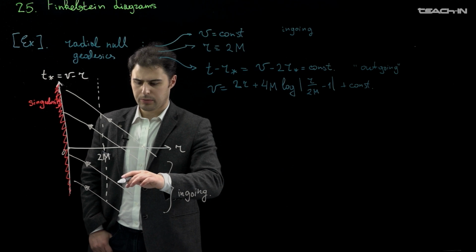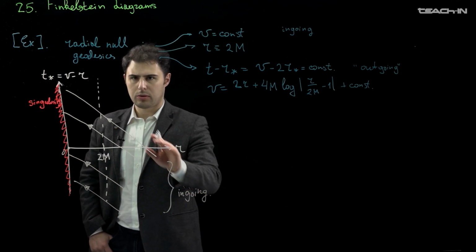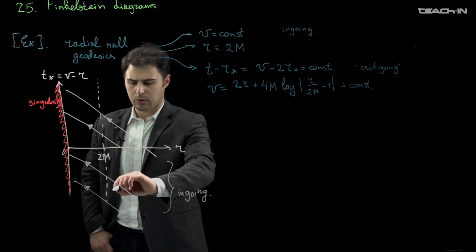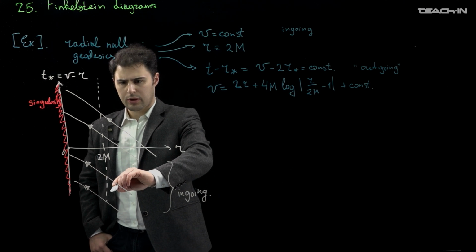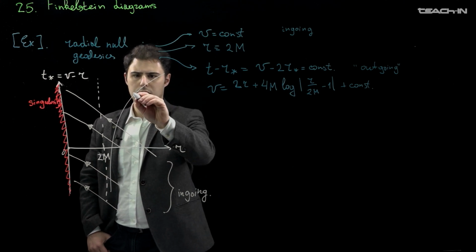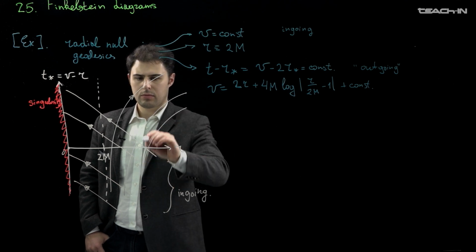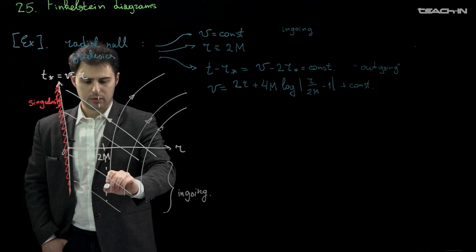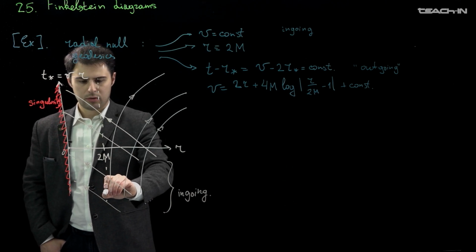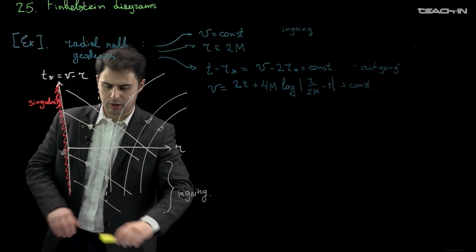The outgoing ones have a different plot between the two regions. So if we start with a point in the exterior, the trajectory goes like this. And in the interior, we have, let's take a different color.